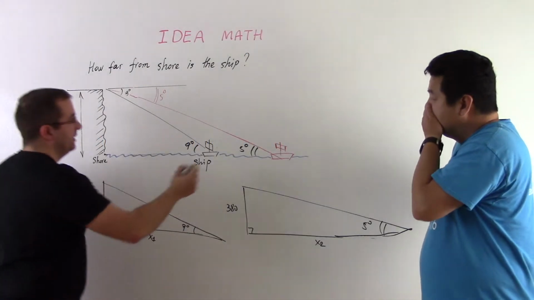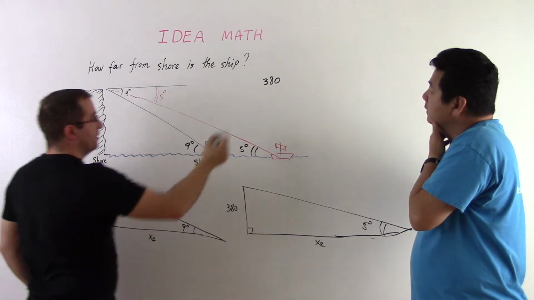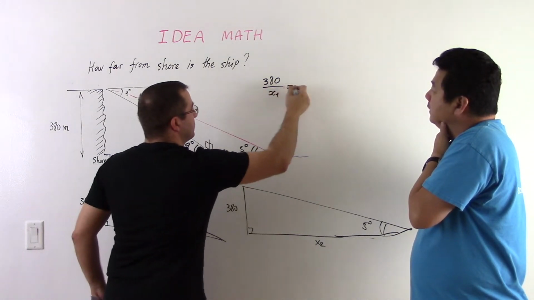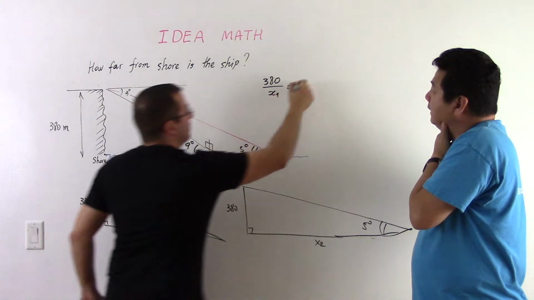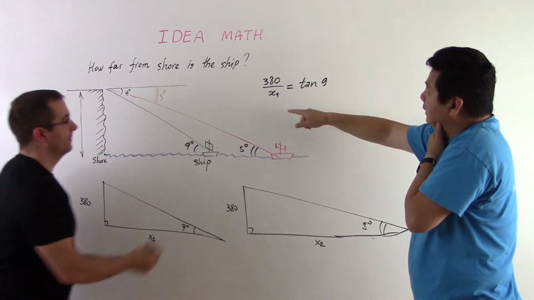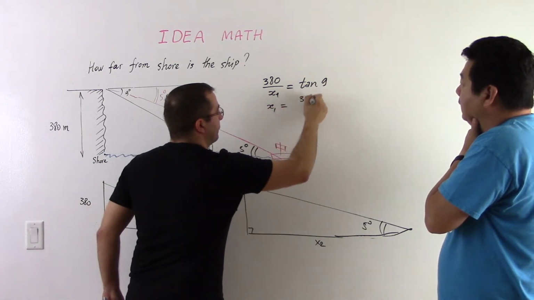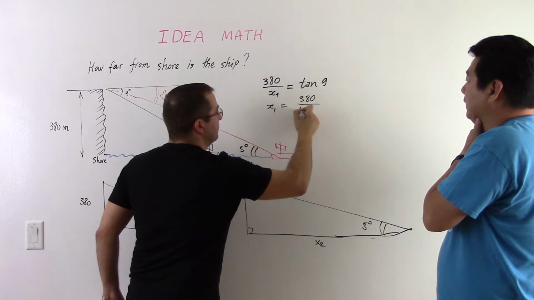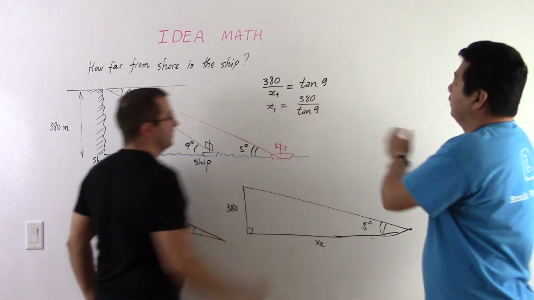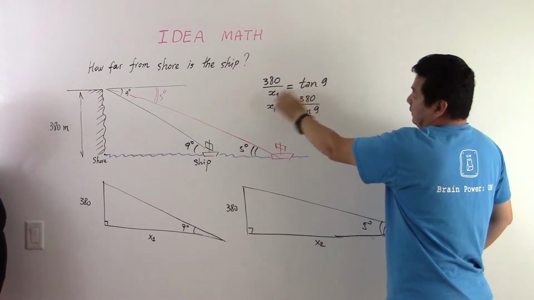What we have is that 380 over x1 is equal to tangent 9, right? So we can rewrite this as x1 equal to 380 divided by tangent 9, right? So you have to think about this as a number, so you move it here.